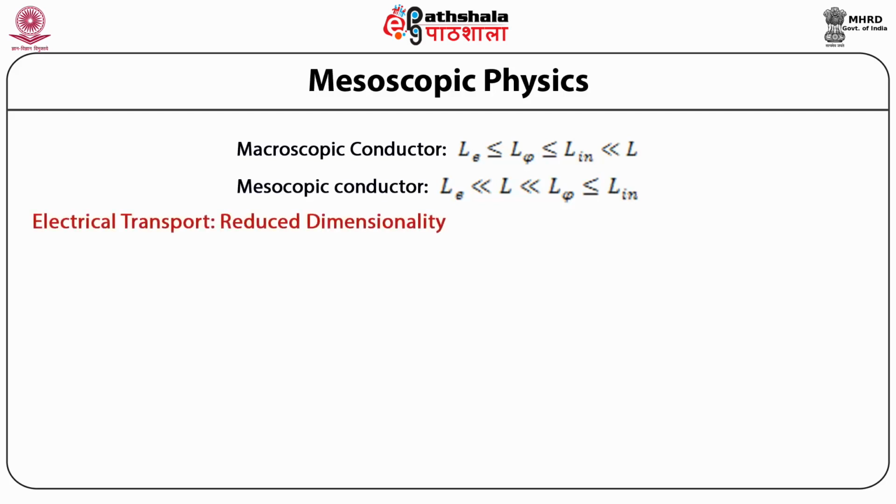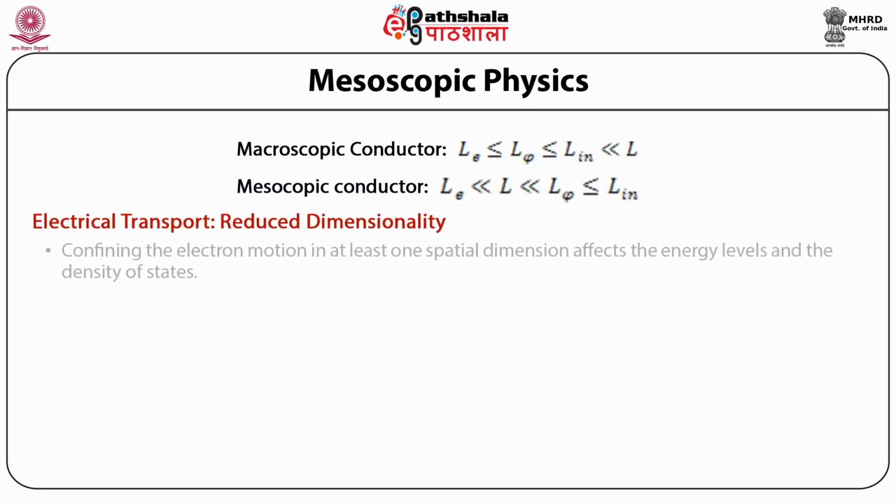So the electron transport depends upon the reduced dimensionality, which is clearly shown in this figure, that confining the electron motion in at least one spatial dimension affects the energy levels and the density of states.